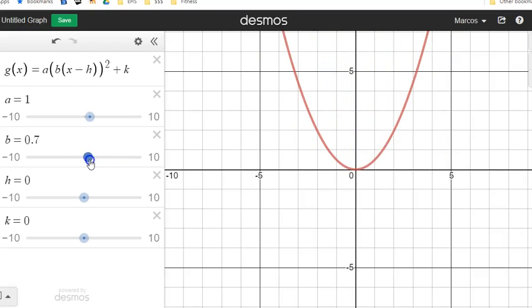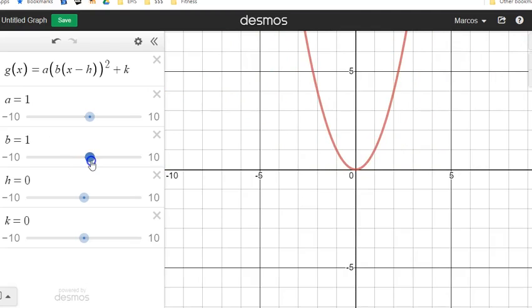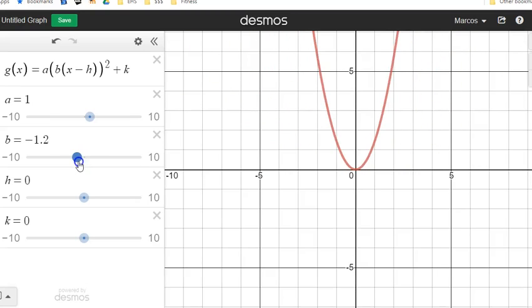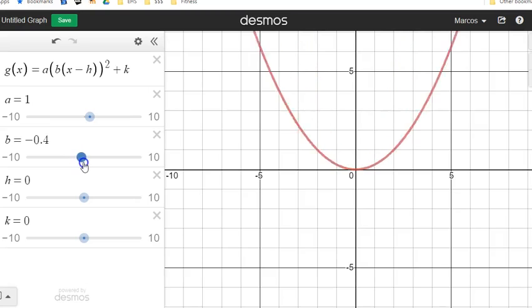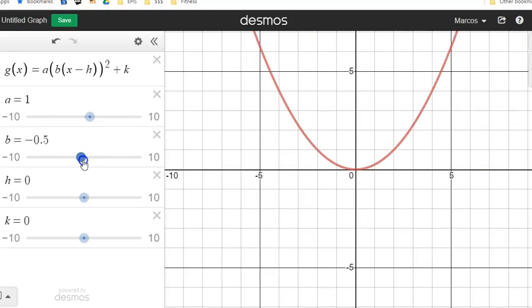Smaller is going to be compressed, flattened out more. And the negative rule also applies here, but you don't see it. Because if I'm at 1 and then I go to -1, they look the same. The reason is if I'm only grabbing from the left and right, if I go negative, I'm just flipping it. And a parabola is going to be the same either way.